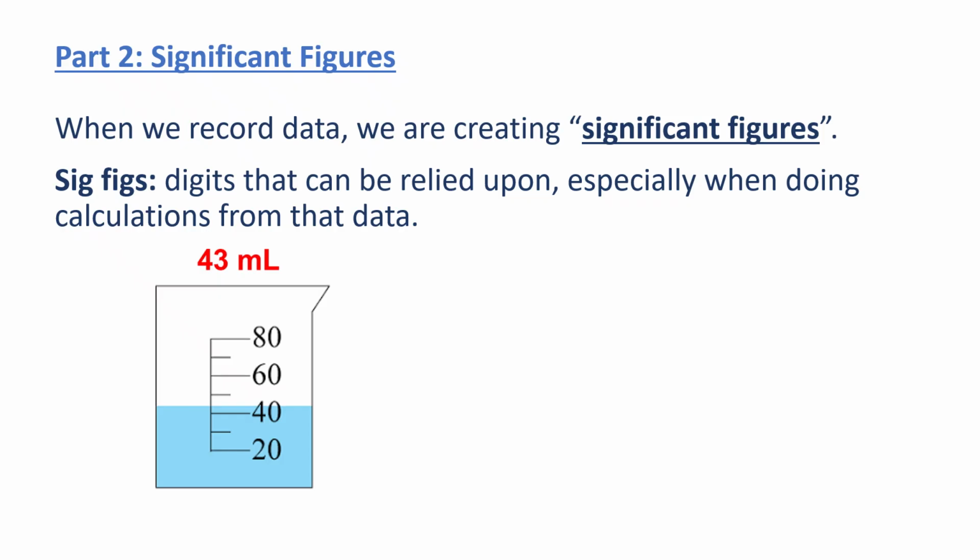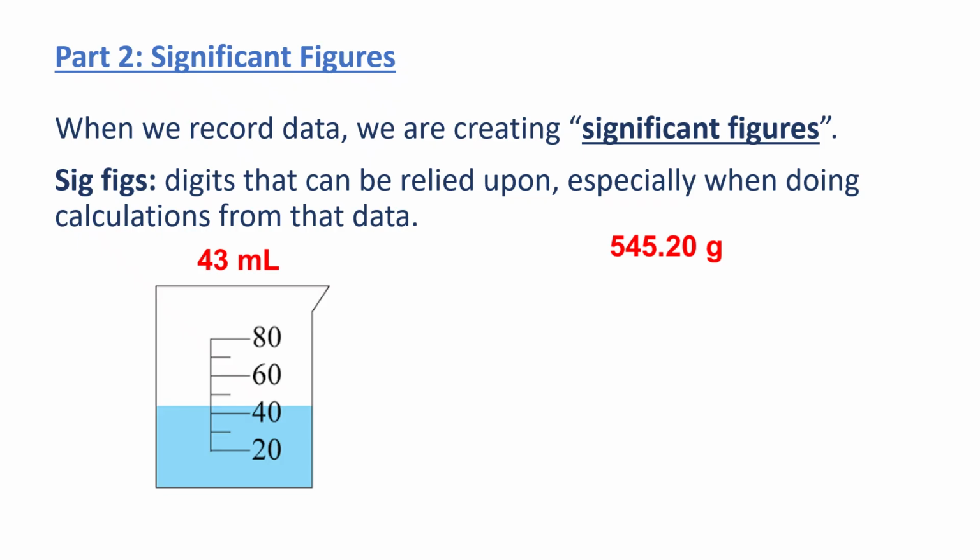And since I can see that this number is 43 milliliters, I know that that 3 was estimated. And so the beaker must have had increments of 10 milliliters because they estimated that 3 in the ones place.